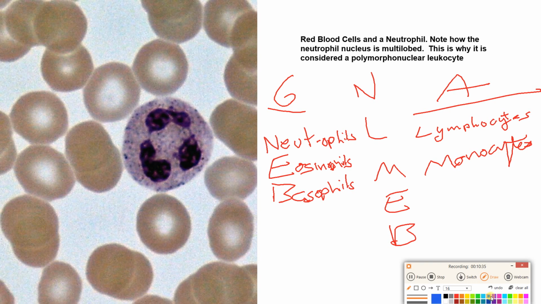In fact, around 60% of my white blood cells are neutrophils. Then around 30 are lymphocytes. Around 6 are monocytes. Around 3 are eosinophils, and less than 1 are basophils. So never let monkeys eat bananas. 60, 30, 6, 3, 1.